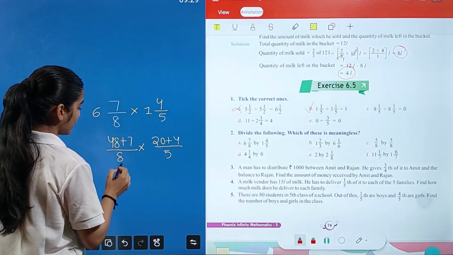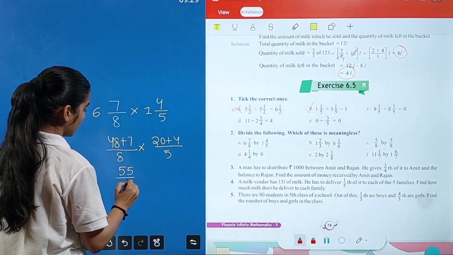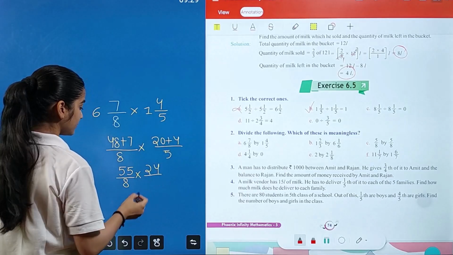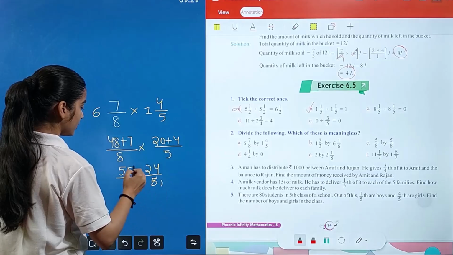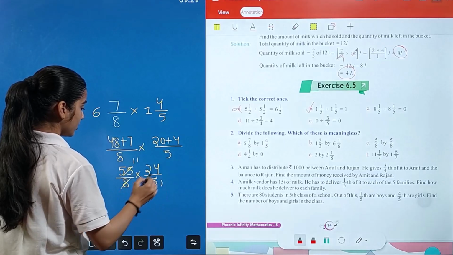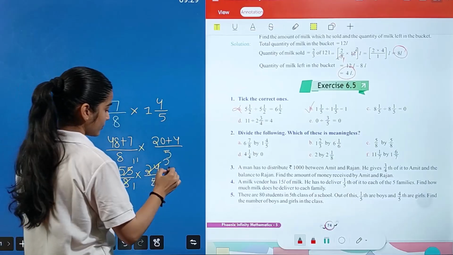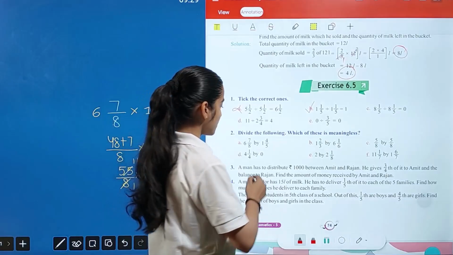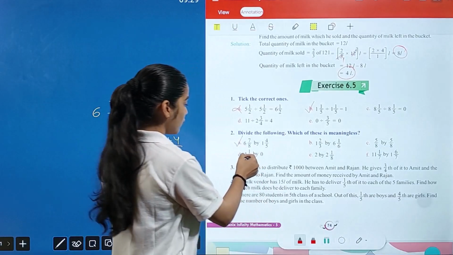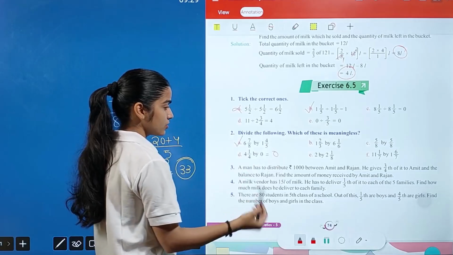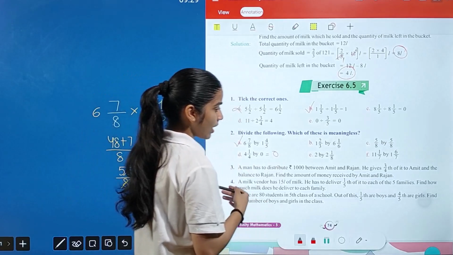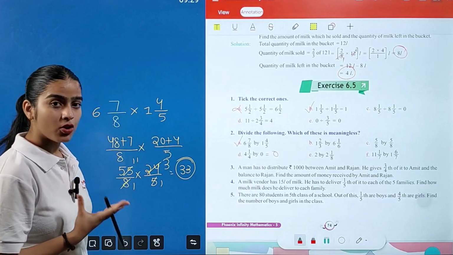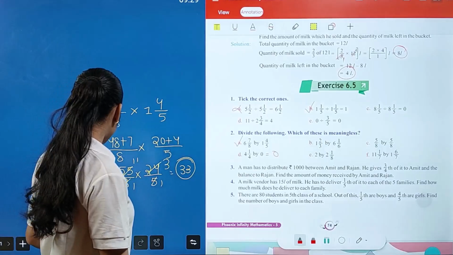In this we have 55 upon 8 multiplied by 5 upon 29... 33 is your answer. So this makes sense. In this, 4 by 1, in the end you will get 0. There is no sense in it. By doing that, you have to find out which makes a proper question and which does not. Now we move forward to our next question.